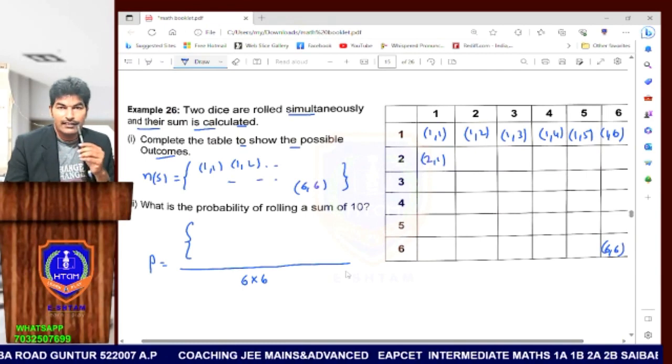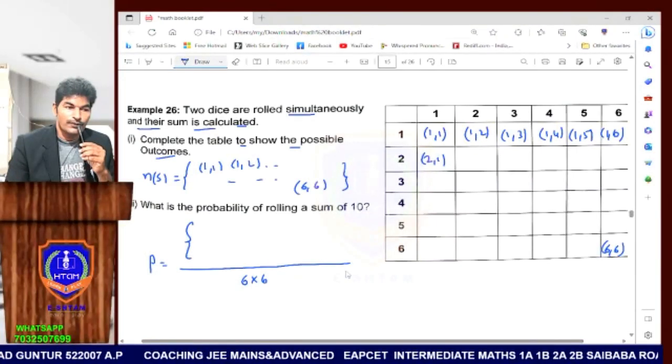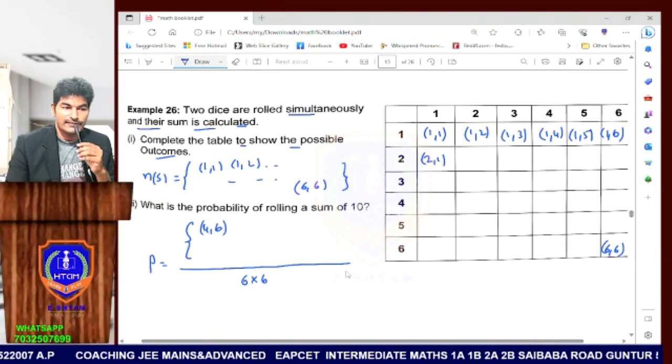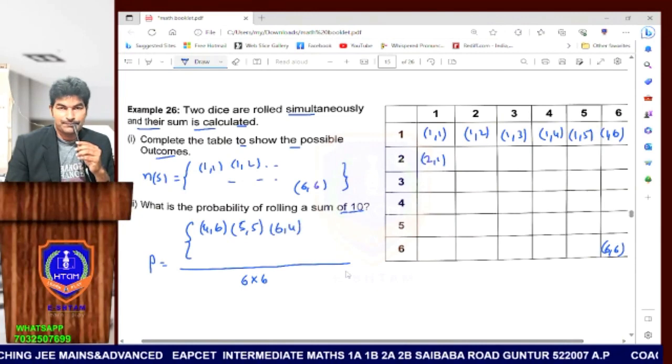If 1 on the first die, it is not possible. 2 is also not possible. (2,6) gives 8, and (3,7) is not possible. Only (4,6) gives sum 10, right? 4 plus 6 is 10. And (5,5), yes. (6,4) is correct. That's all.